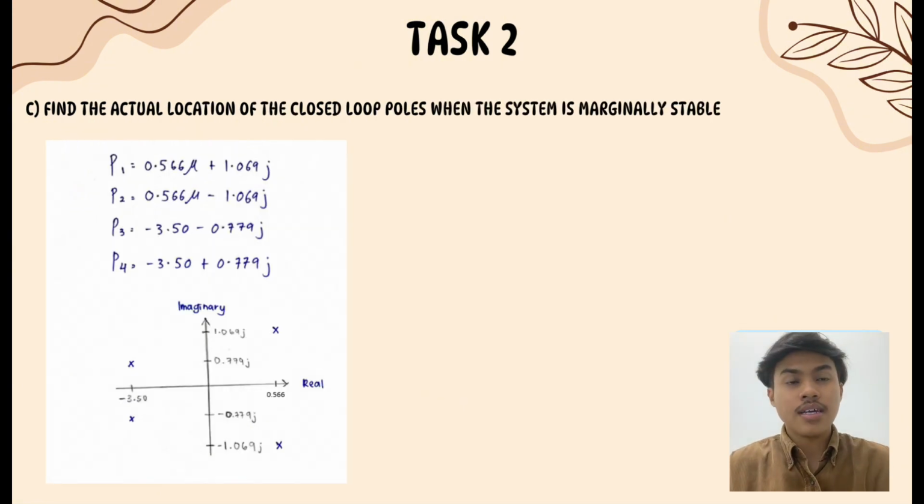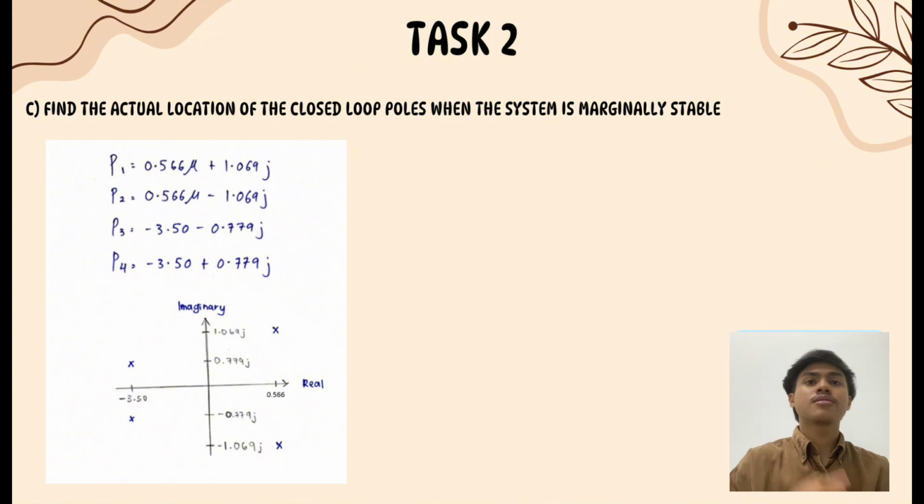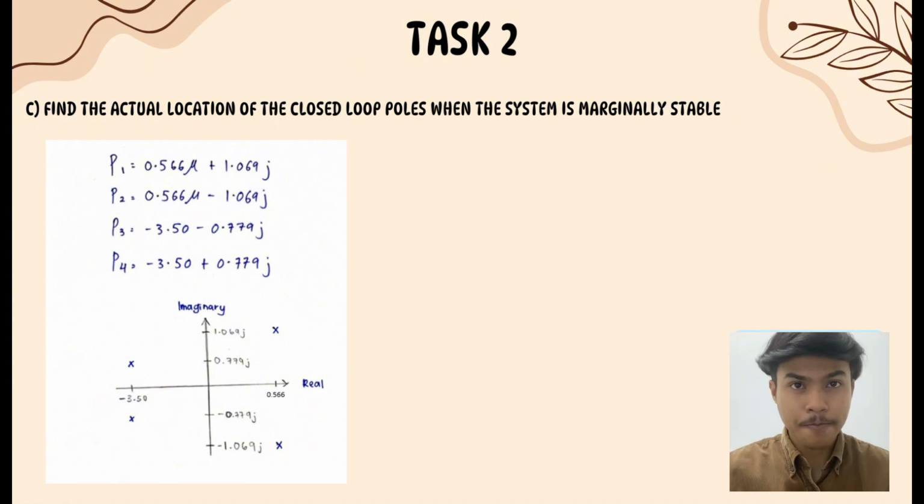For this part C at task 2, I will explain how to find the actual location of the closed loop poles when the system is marginally stable. As you can see, there are 4 poles: P1, P2, P3 and P4. We find these 4 poles by using a calculator with the polynomial equation function.